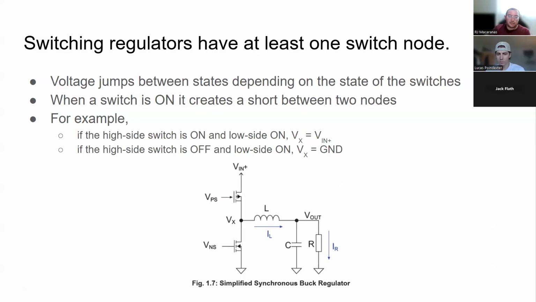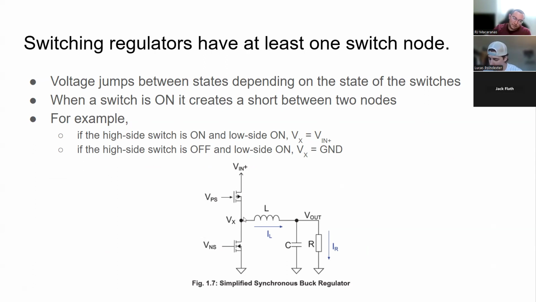So switching regulators always have at least one switch node, and the voltage is going to be jumping between different states at that switch node, depending on what the switches are doing, right? So here we have a top switch and a bottom switch, and whenever a switch is turned on, it effectively creates a short.